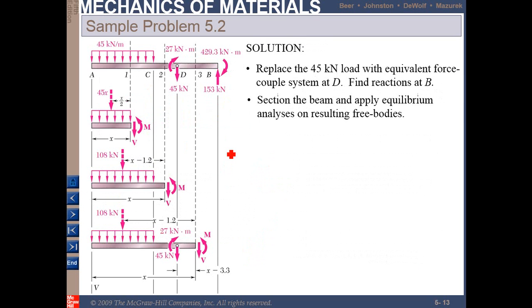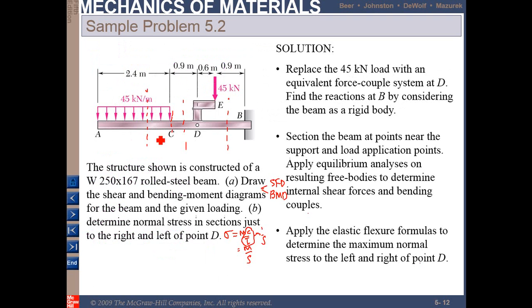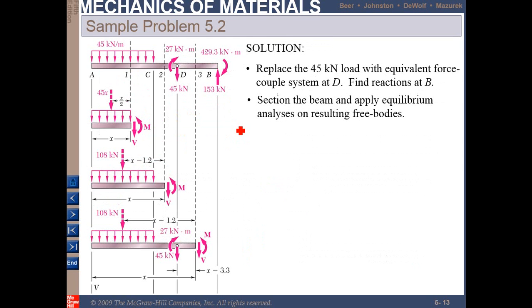Let's say we cut from A to C at this point. This is called point 1, and then from C to D we cut at one section, called point 2, and from D to B we cut at one section, called point 3.